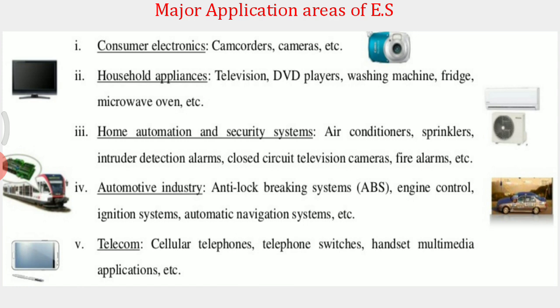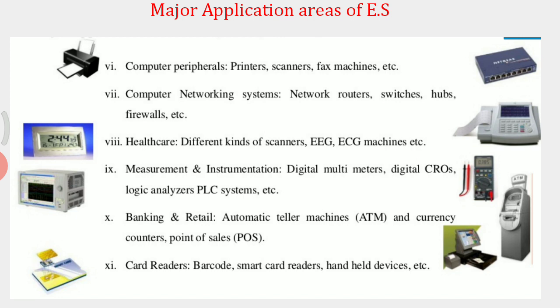Telecom sector, where cellular telephone switches and handset multimedia applications all fall under telecom applications. Computer peripherals like printers, scanners, fax machines. Then computer networking systems: network routers, switches, hubs, firewalls, modems, etc.